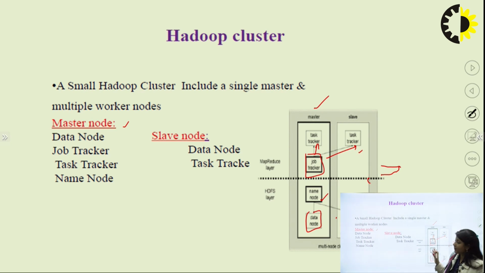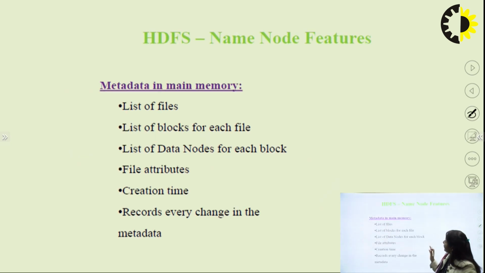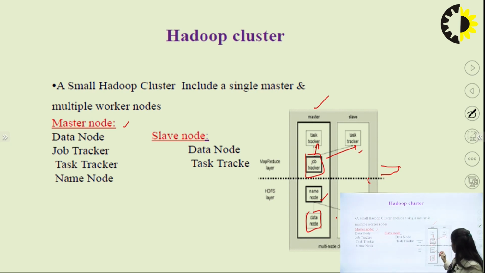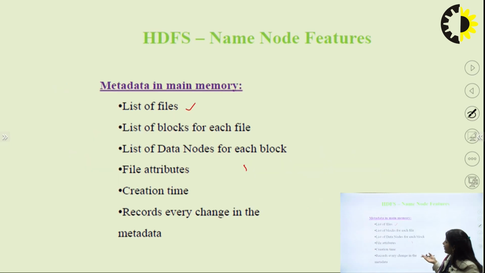This is one Hadoop cluster, and we have the Hadoop distributed file system name node feature. What kind of metadata does the name node contain? The name node contains the list of files, list of blocks, list of data nodes for each block, and file attributes such as creation time, and it records every change in the metadata.